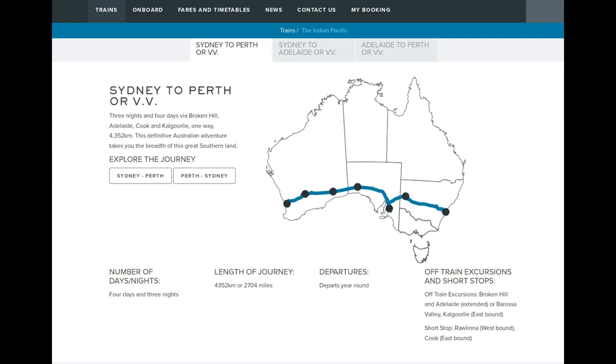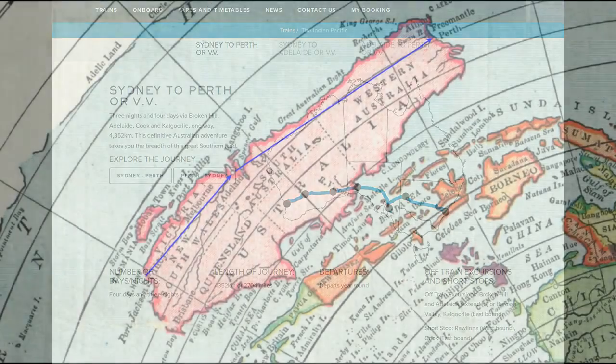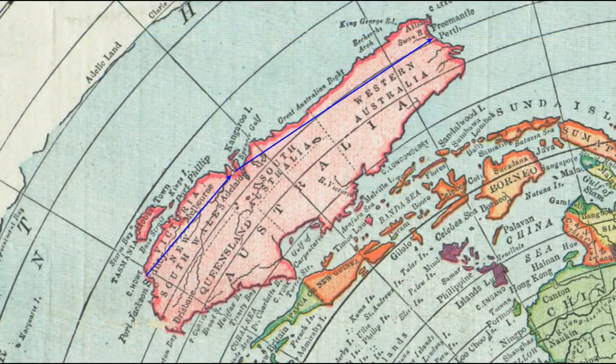And it literally follows Australia on the southern side from Sydney all the way to Perth. And this is the map they give us on their website. But what's interesting is if you look at it on the flat earth map, it's practically a straight line.